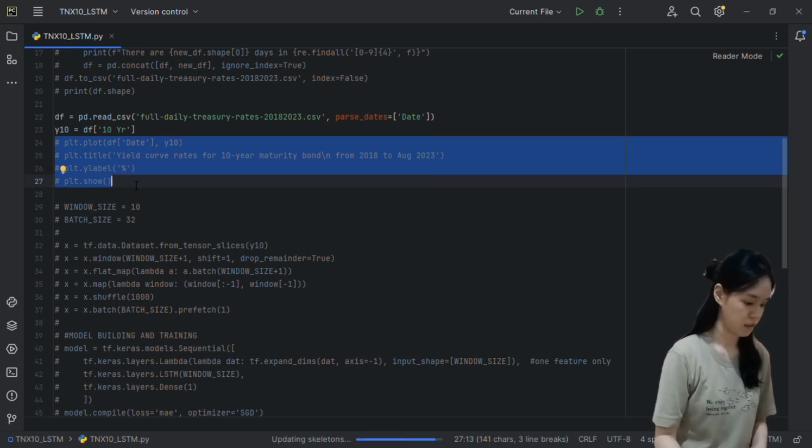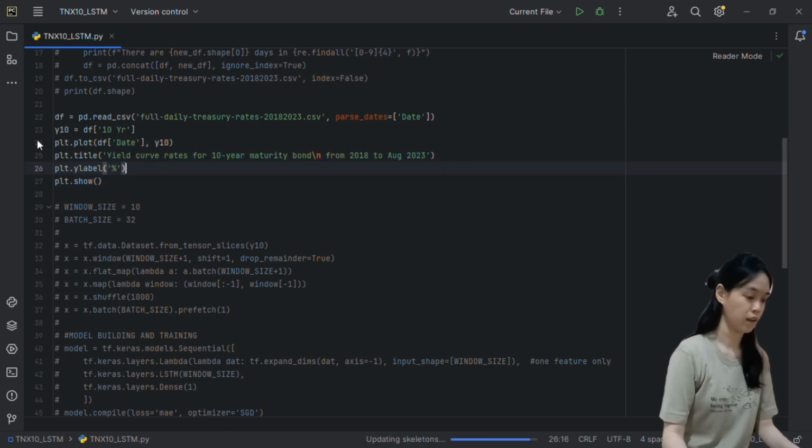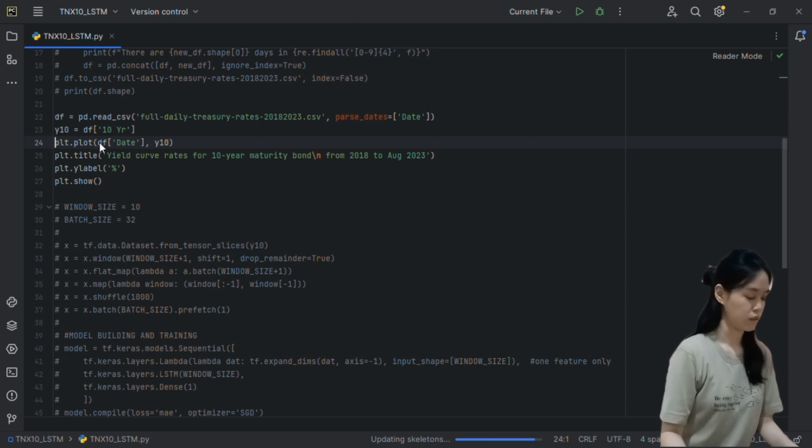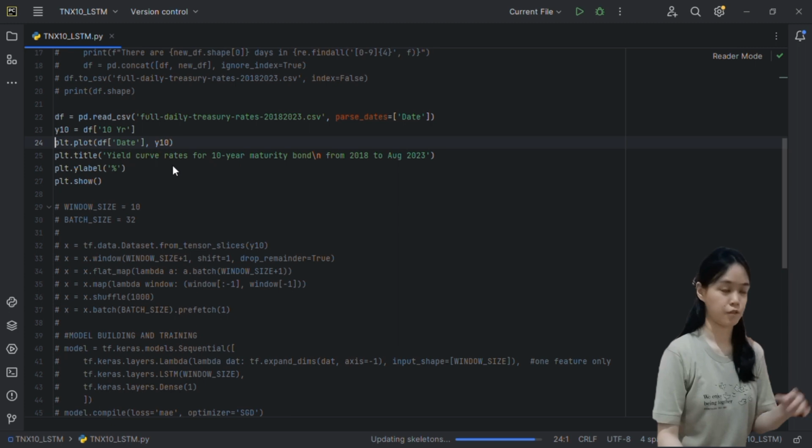And then to make the time plot, you only need one line actually, which is line 24 here. The x-axis is the DF date, and then the y-axis is the yield rate.